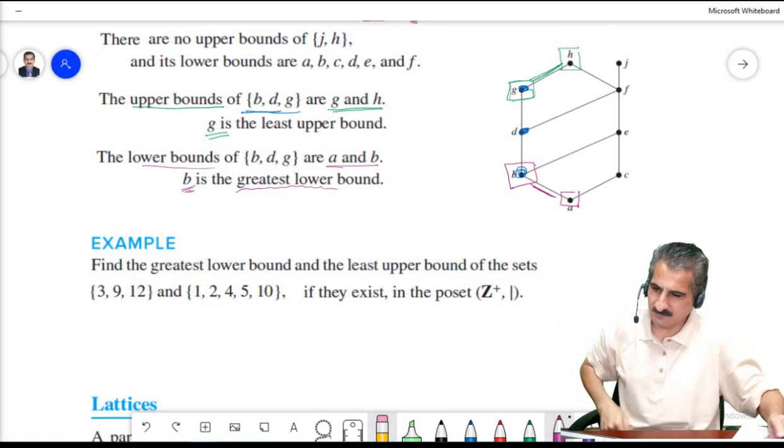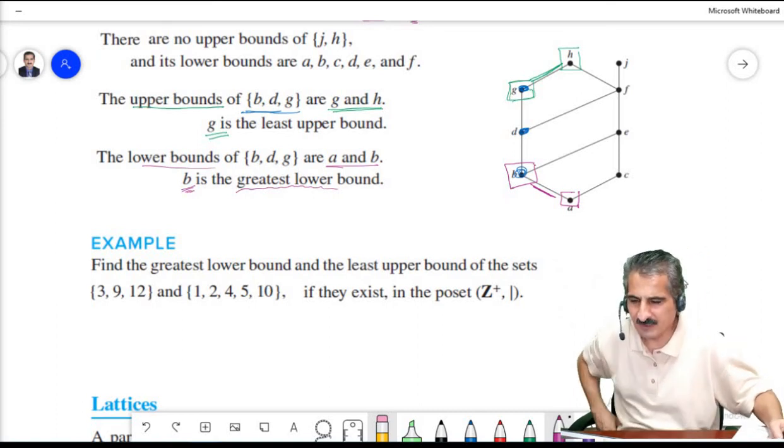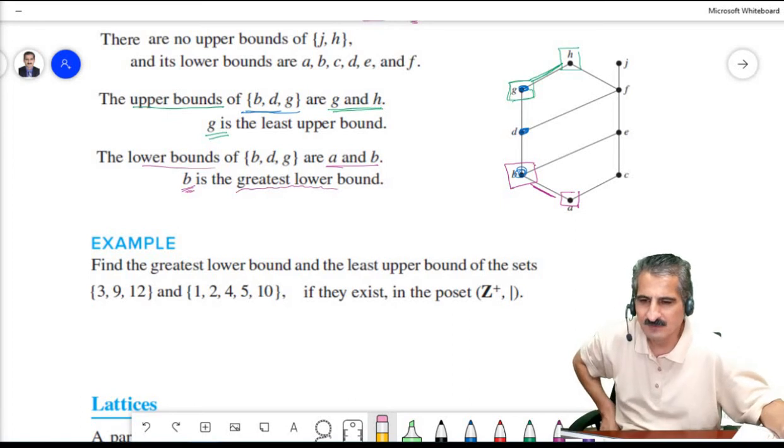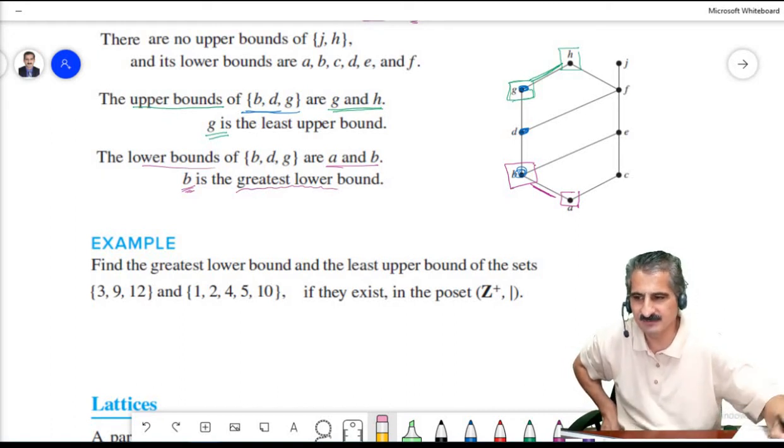Now, what if I want to ask you about the greatest element of this partially ordered set and the lowest element?